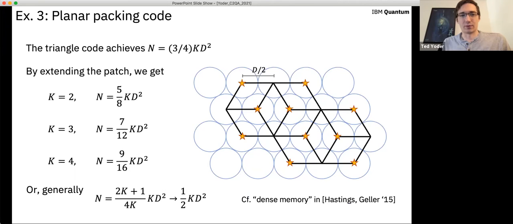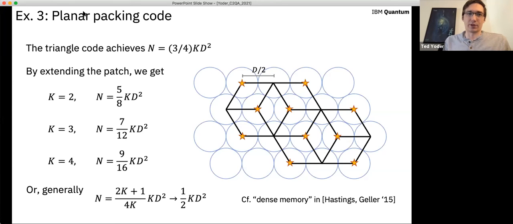Now 3 logical qubits, 4 logical qubits, and eventually you approach 1/2 kd squared, which is a similar constant to what they get. Well, actually the same constant as what they get in this Hastings-Geller paper.